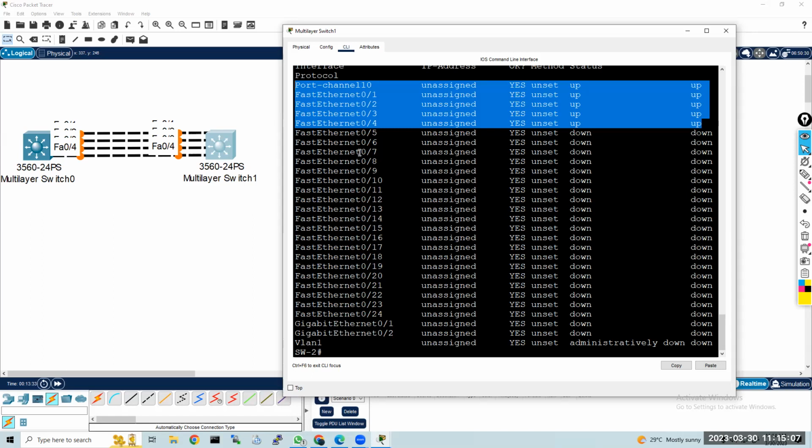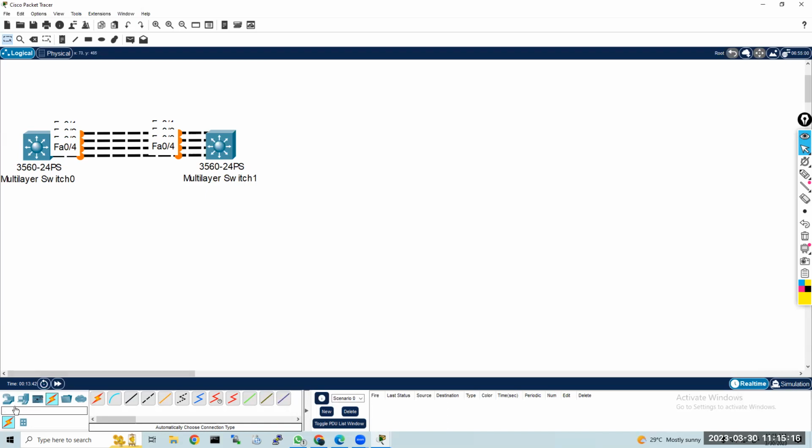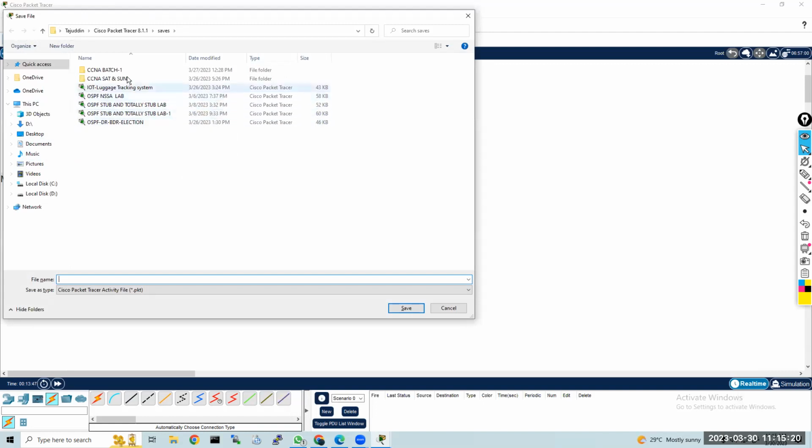I think I told you about PortFast, right? It's very simple. Let me tell you this. Let me save this one. This is layer 3, right?